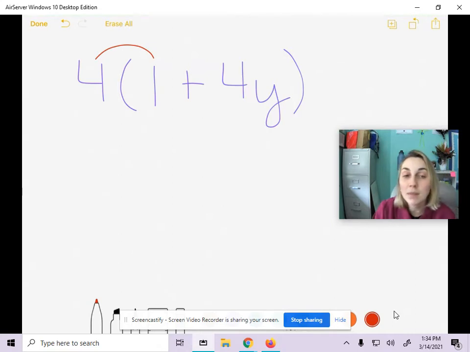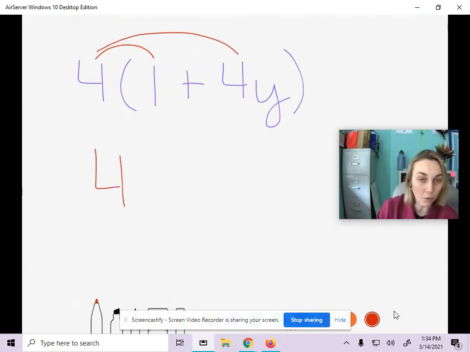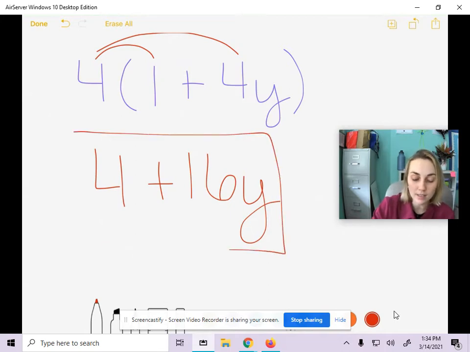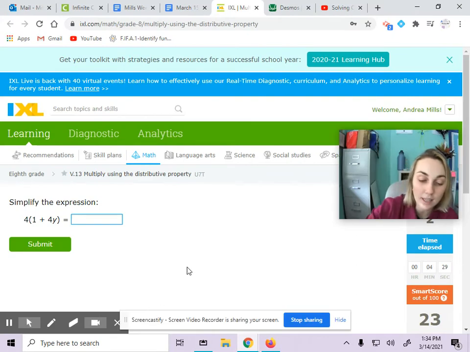Well, 4 times 1 is 4. Then 4 times 4y is going to give us plus 16y, and again we have to bring that variable down. This is as simplified as it can get. 4 and 16y are not like terms, so they cannot be combined. Therefore, this is our final answer, and I'm going to plug that in. 4 plus 16y.